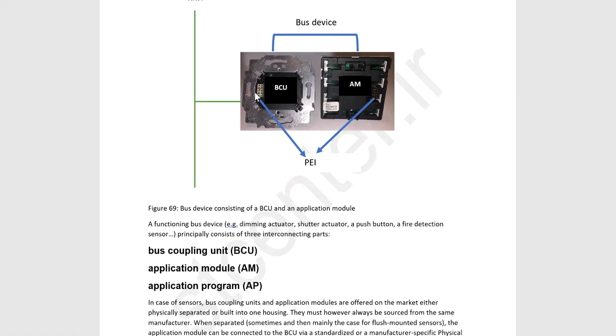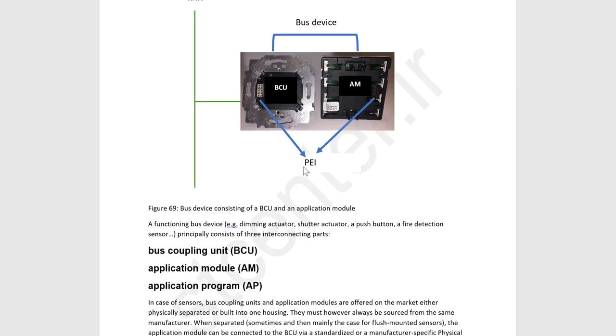I mean, the application module, the bus coupling unit, and the application program that is installed on the application module or bus coupling unit. And these two are connected by means of the physical external interface, PEI.